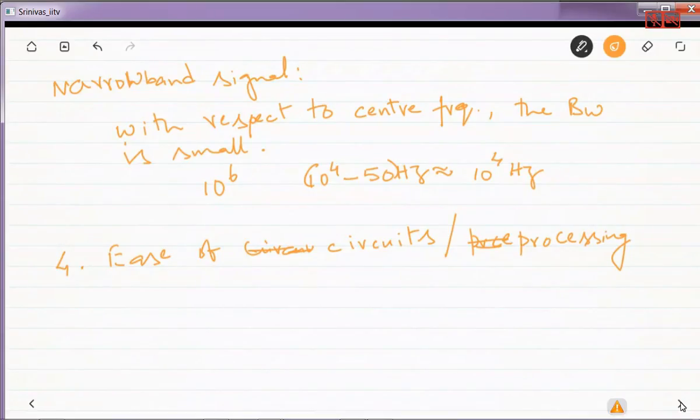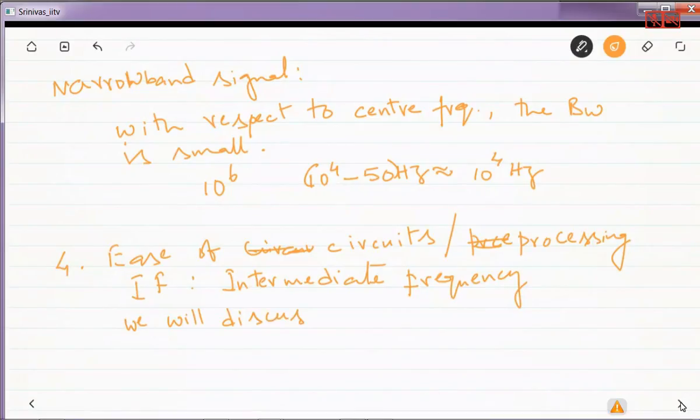This is something called intermediate frequency, which we will discuss later, when we discuss the superheterodyne receiver. In that we will come across this term. You will be able to appreciate it more at that point of time.